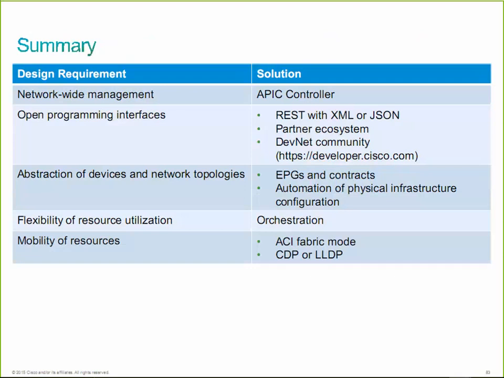We didn't really get into REST or JSON in this section, but that's kind of assumed when you're talking about the ACI Fabric. The abstraction of devices and network topologies using EPG contracts, network application automation, automation of the physical infrastructure, and then mobility resources.